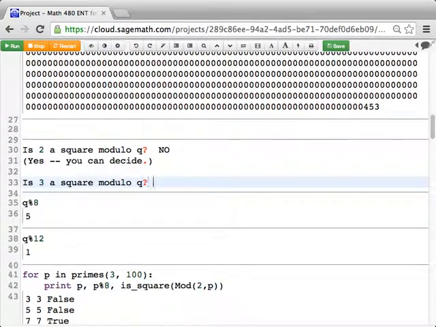So is it a square modulo q? Is 3 a square? Yes. But just like with primality testing, where we could test whether a number was prime using Fermat's little theorem, you could decide, yes, a number is prime or no, it isn't, fairly efficiently, but you can't actually factor the number efficiently as far as we know.